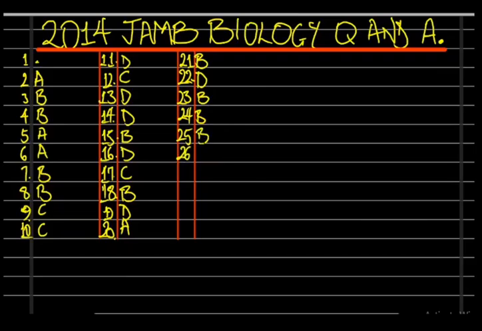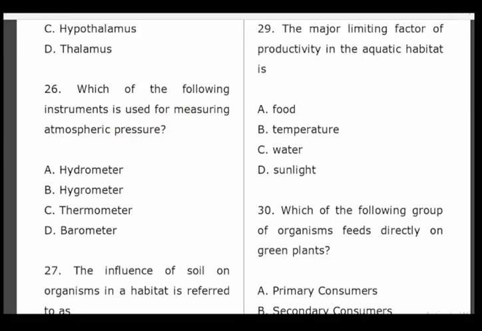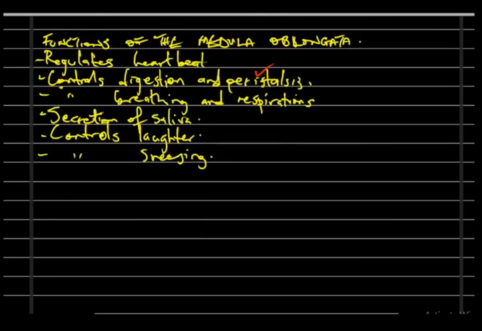So question 26 now. Which of the following instruments is used for measuring atmospheric pressure? Hydrometer, hygrometer, thermometer, barometer. Let us quickly look at the function of all of these instruments. Hygrometer, hydrometer, barometer, thermometer.